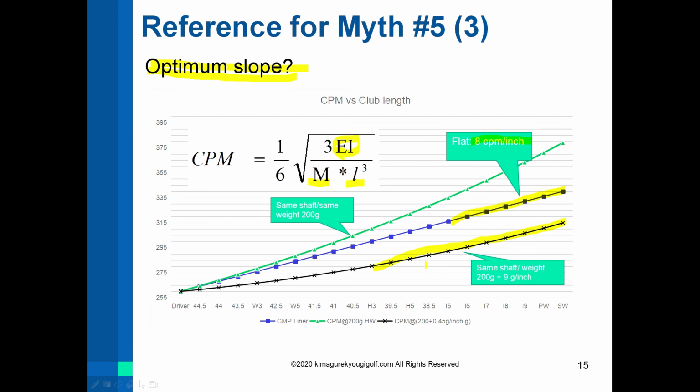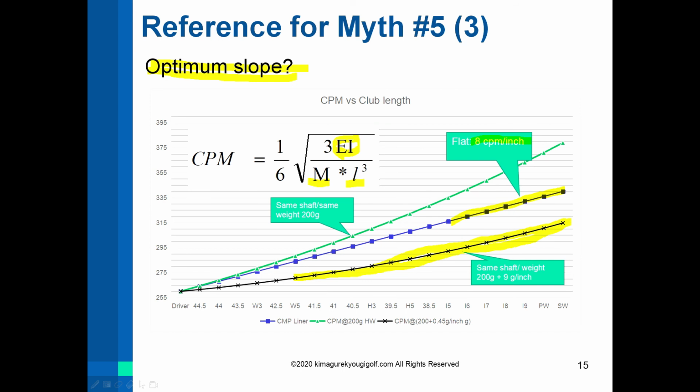Mr. Karsten Solheim once said that he'd like to use the same shaft for all clubs for the frequency issue. So this is the result of the club set. And compare this with the commonly used one, the blue one. With the same shaft, the frequency slope is lower than the normal one.